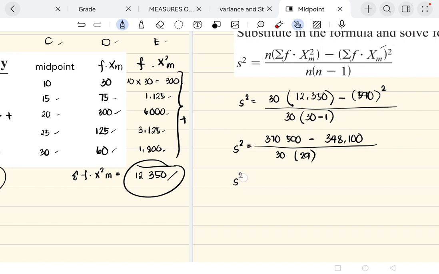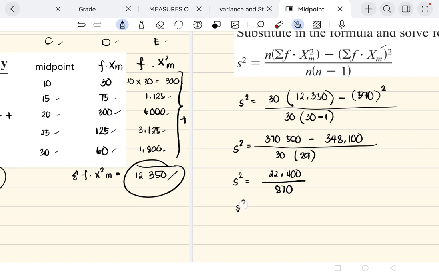So for our s squared, we will subtract 370,500 minus 348,100, that is 22,400, over 30 times 29, that is 870.